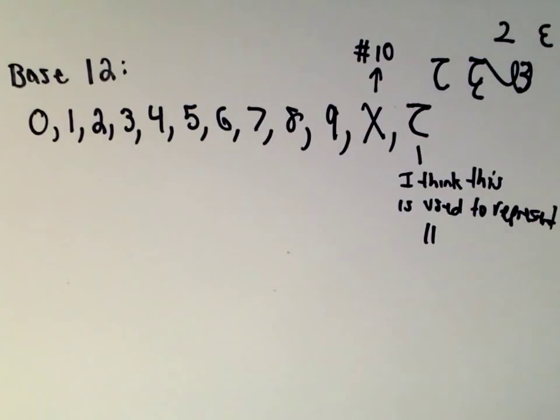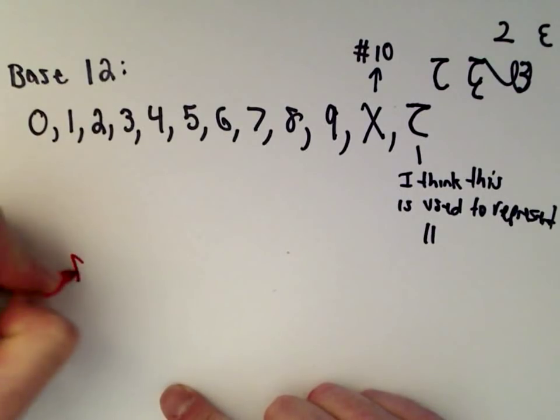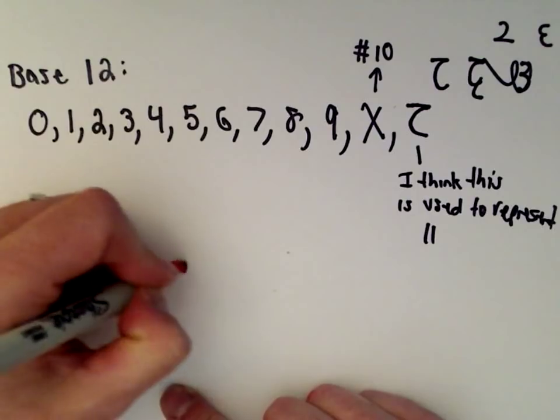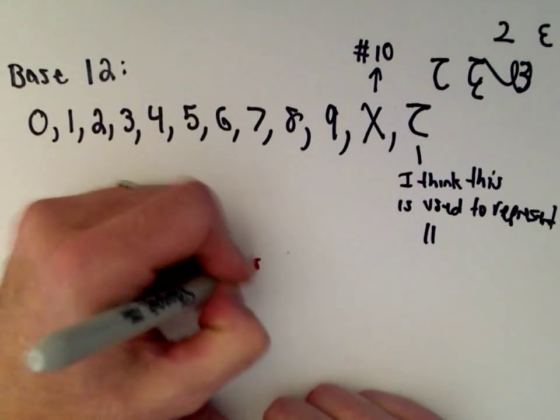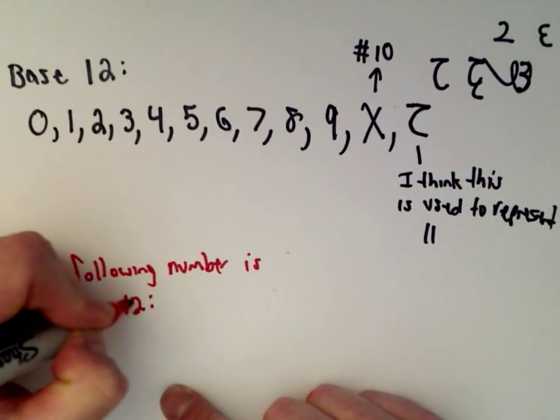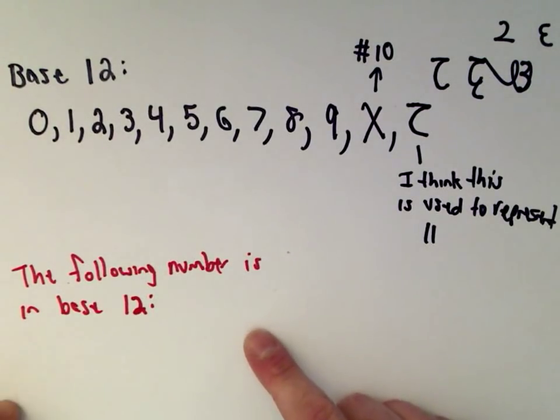So let's do one last example. Suppose the following number is in base 12, and we want to know what number this is when we convert it back to our familiar base 10.